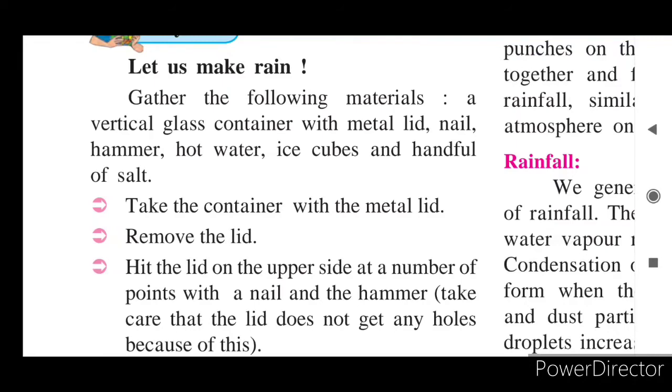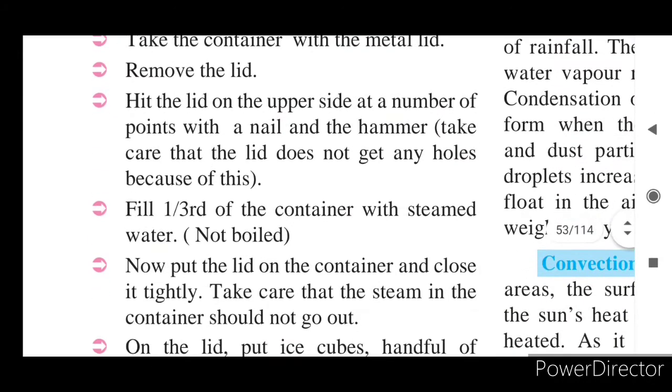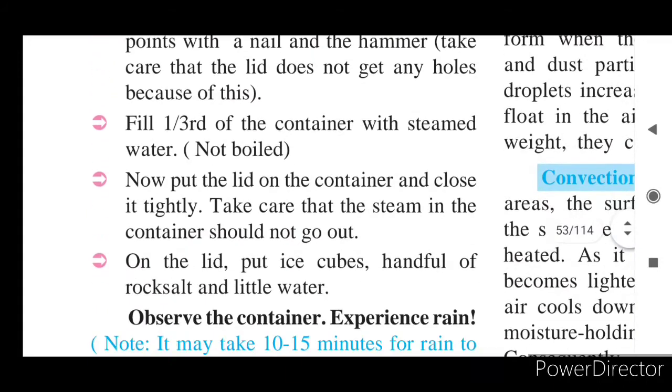Take care that the lid does not get any holes because of this. Next, fill 1/3 of the container with steamed water, not boiled, just steamed water. Now put the lid on the container and close it tightly. Take care that the steam in the container does not go out. On the lid, put ice cubes, a handful of rock salt, and a little water.